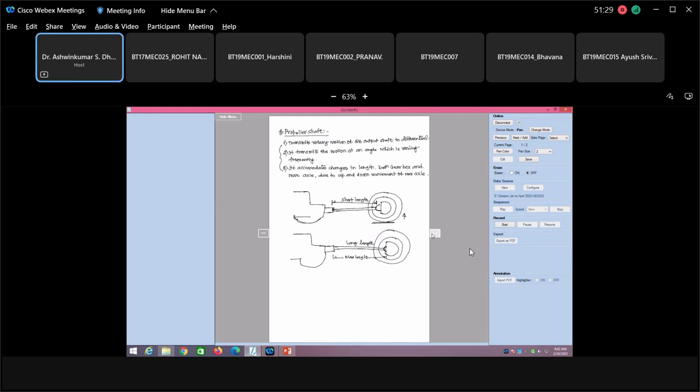So the change in length of propeller shaft is possible due to sliding joint. So this is the important thing, or this is also called as the slip joint.